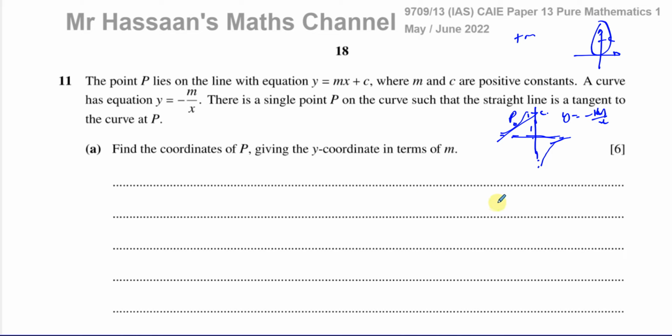Now, there are two methods that you could use to find the coordinates of P. One method is to use the fact that the tangent meets the curve at one place. The tangent meets the curve at one point. It doesn't really intersect, it touches it.